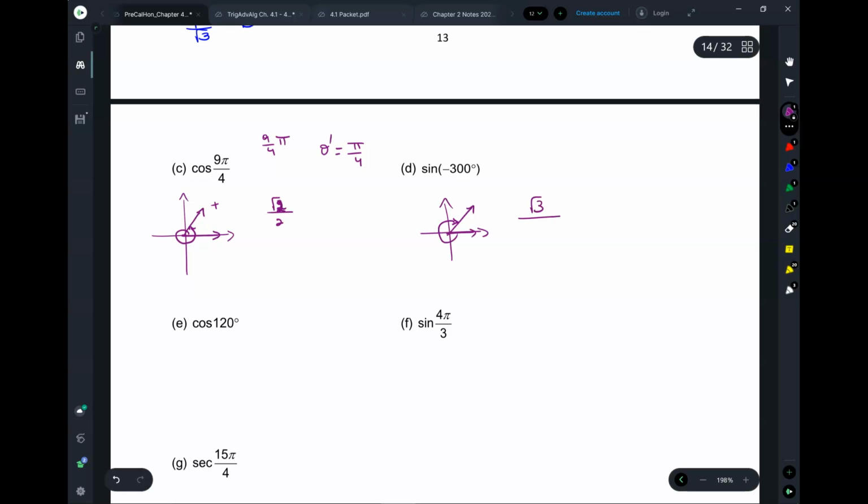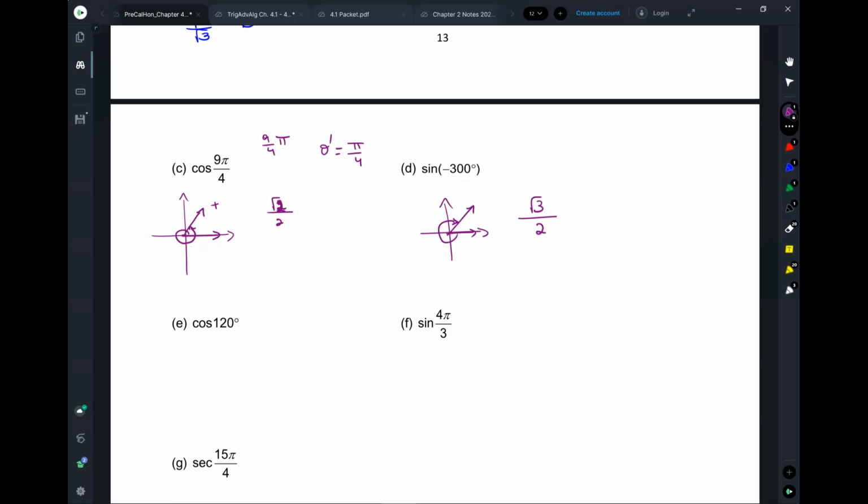Okay, so let's think about that for a minute. Look, you have one of two options. If your reference angle is the pi over 3, which is the 60, it's root 3 over 2 and 1/2. If it's the 30, it's 1/2 and root 3 over 2 like this.